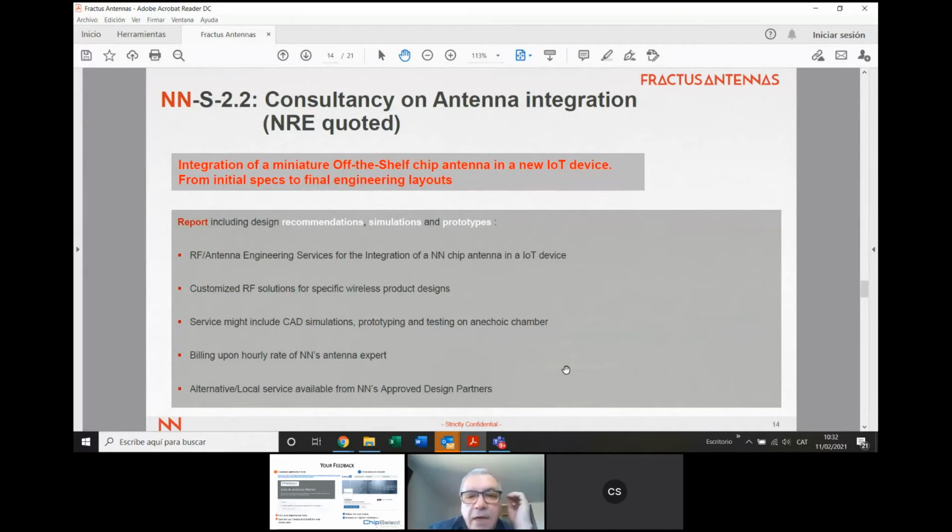For instance, for an alarm, they want to know the performance of the alarm on a wall, if it is wood or cement or concrete or other elements, or metals around it. Okay, so we perform simulations for you to avoid making prototypes without knowing what the performance of the final device is going to be, or at least to have an estimation.